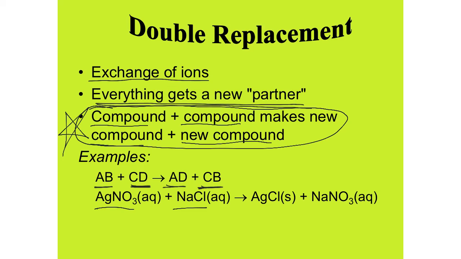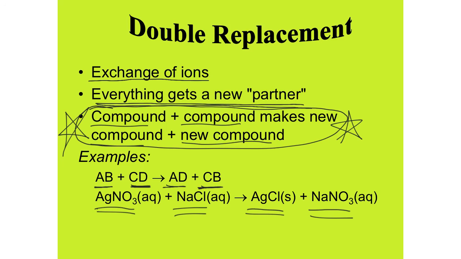NaCl, that's a compound. Makes a new compound, AgCl, and another new compound, NaNO3. So that is another good way to look at it. Or the everybody got a new partner. So Ag was partnered with NO3. Now it's partnered with Cl. Na was with Cl. Now it's with NO3.